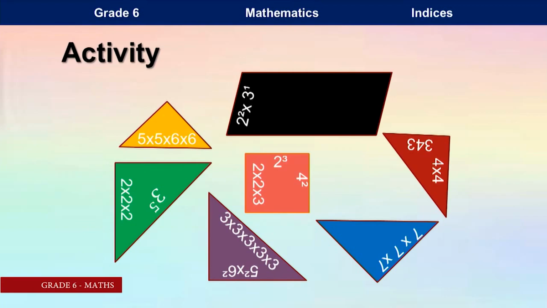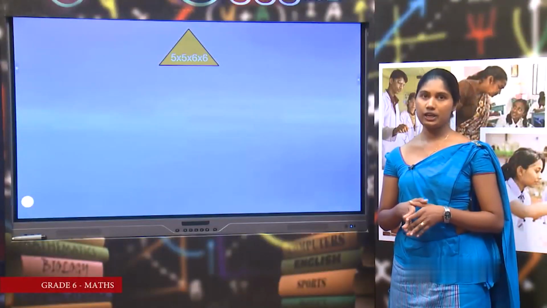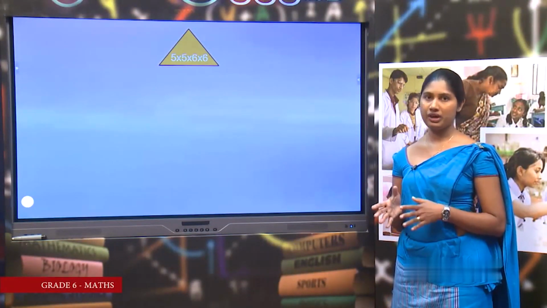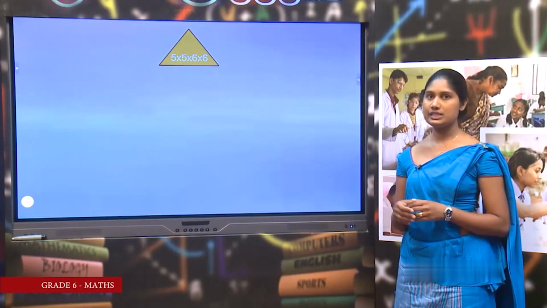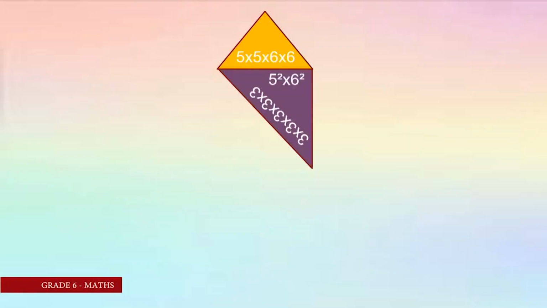Let's see how to do this. Here I have taken this yellow triangle, which consists of 5 into 5 into 6 into 6. Then I am going to write this using indices, so that triangle I can connect. So, then that is 5 squared into 6 squared. Automatically another side consists of a product of threes.